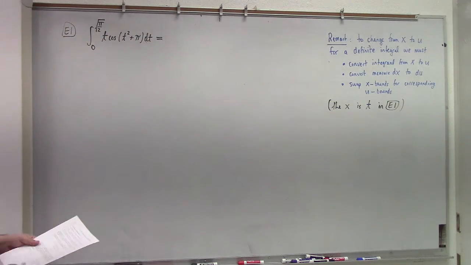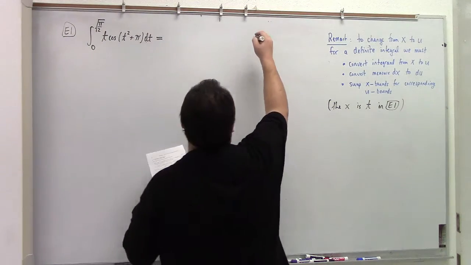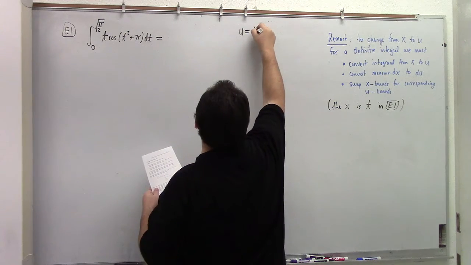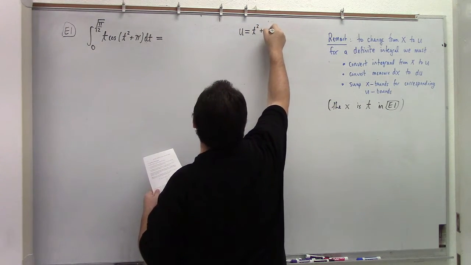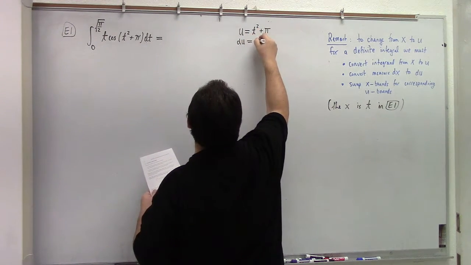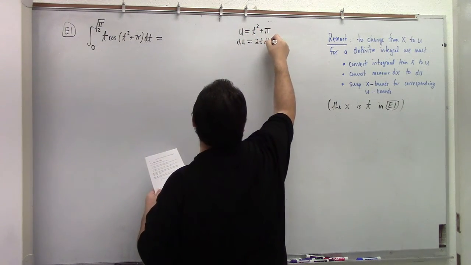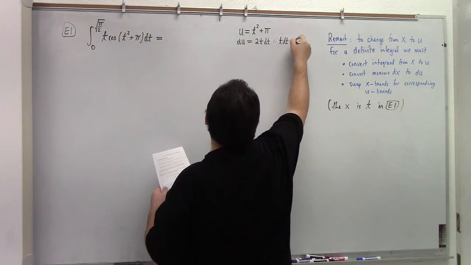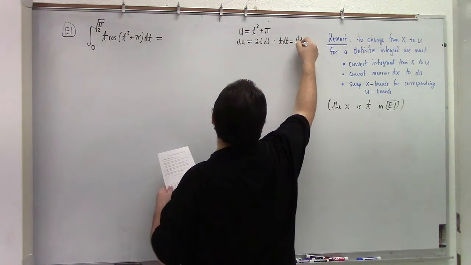So what I'm going to do here is let u be t squared plus pi. Then du is 2t dt. So t dt is du over 2.